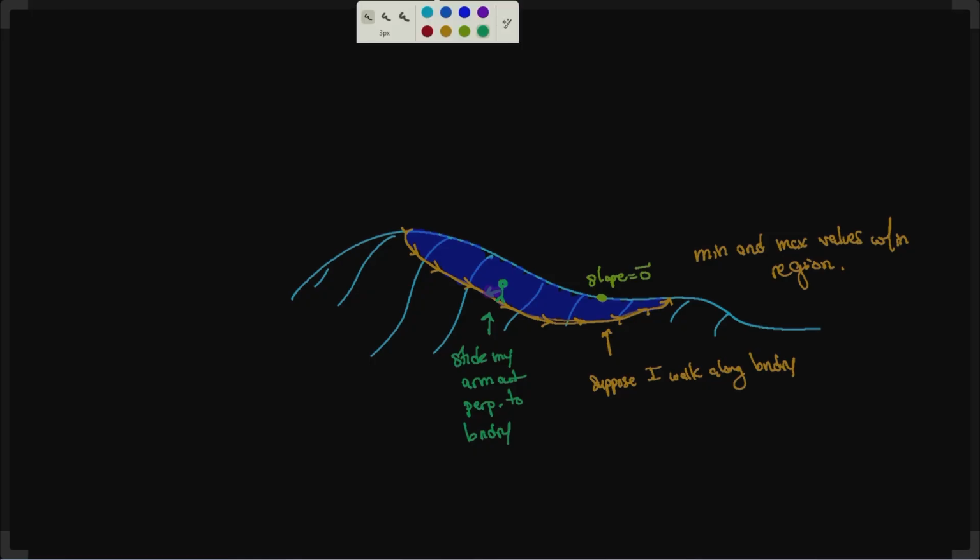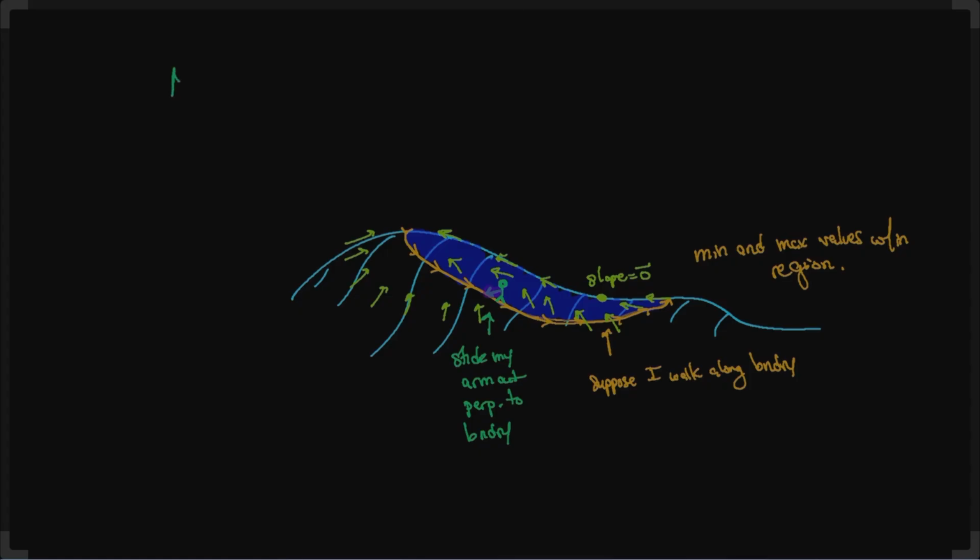If we think about the mountain as having its own gradients, gradients always point in the direction of steepest ascent. That's the way you define a gradient. So this mountain has all of these gradient vectors on top of it pointing in the direction of steepest ascent all around the mountain. There are going to be some special points where my arm, if I'm pointing it perpendicular to the path I'm walking, becomes parallel to the gradient.